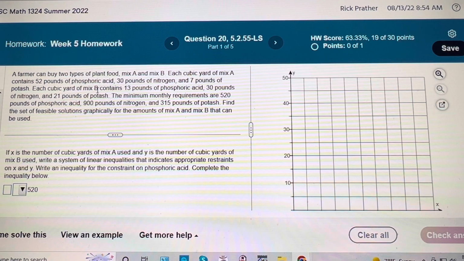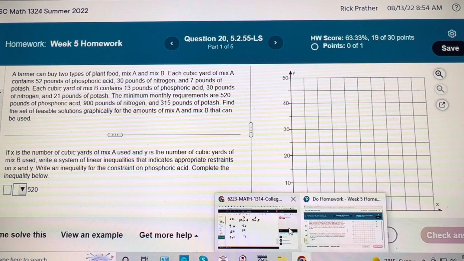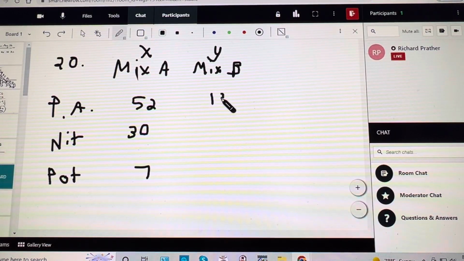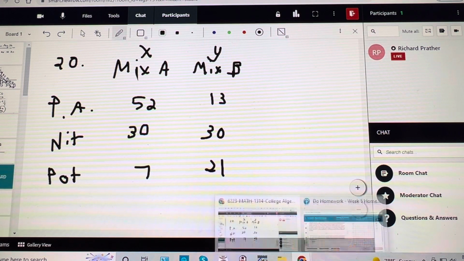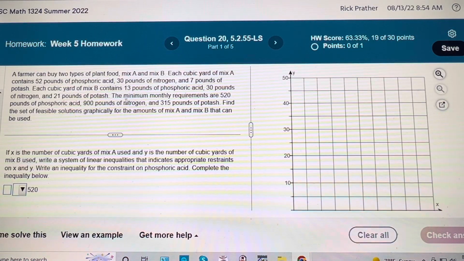Each cubic yard of B. So now we're going to list 3 numbers below mix B. There's 13 phosphoric, 30 nitrogen, and 21 potash. 13, 30, and 21. Do that vertically. 13, 30, 21. The minimum monthly requirements are 520, 900, and 315.